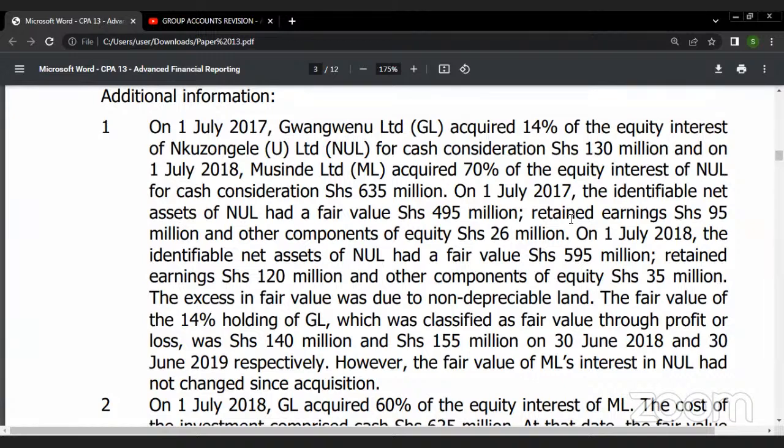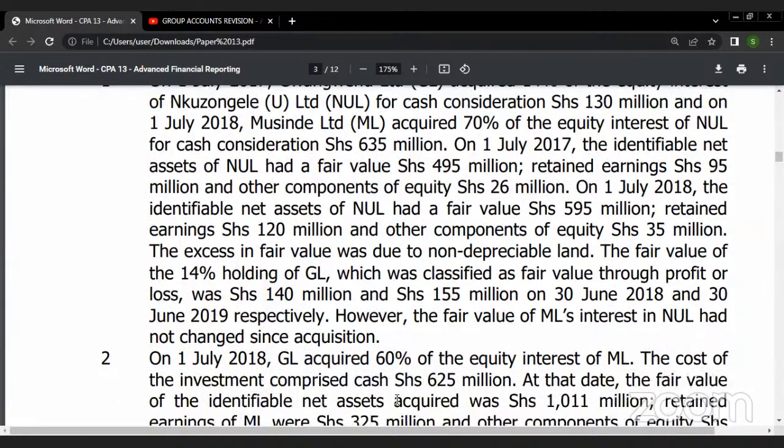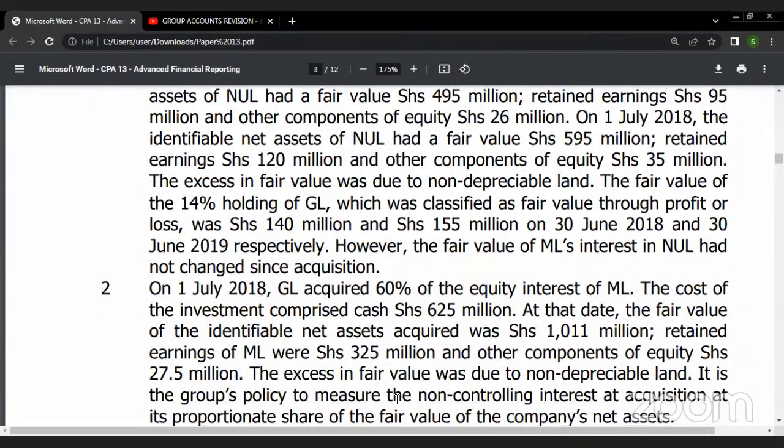Then from there, when you look at note 2, they are telling you that on 1st July 2018, GL acquired 60% of the equity interest of ML. So now you see the parent company is also acquiring shares in ML, 60% of the equity interest of ML.